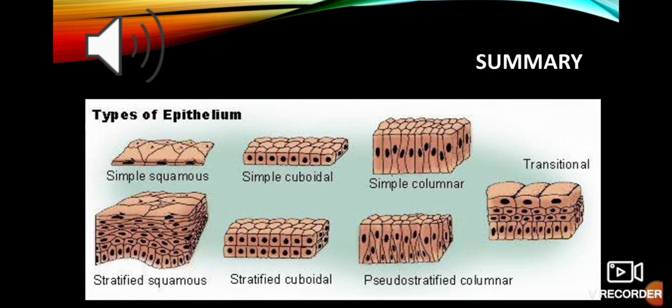The third type of epithelial tissue is the columnar epithelial tissue, which have cells very tall and rectangular in appearance. They are again of two types: single layer simple columnar epithelial tissue, and the other one is pseudo stratified columnar epithelial tissue.